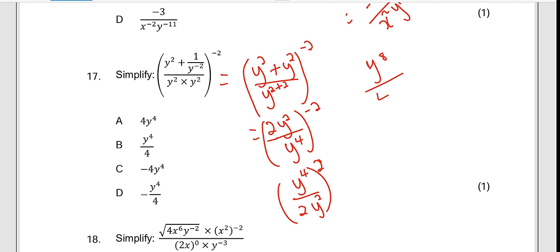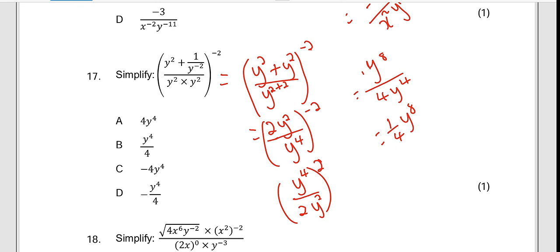And then 4y to the 4, and then after that it's going to be y to the exponent of 4. The correct answer now is going to be, so we know that here we have y, right? Here we have 1. It's going to be 1 over 4y to the 8.